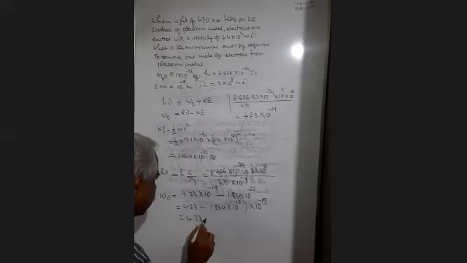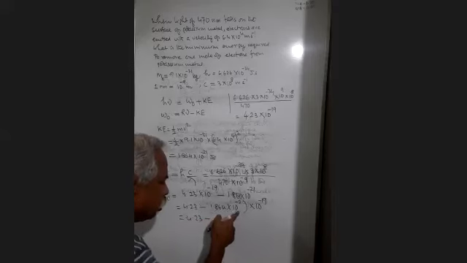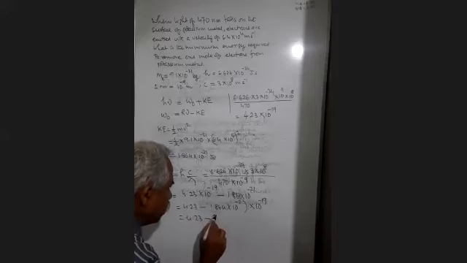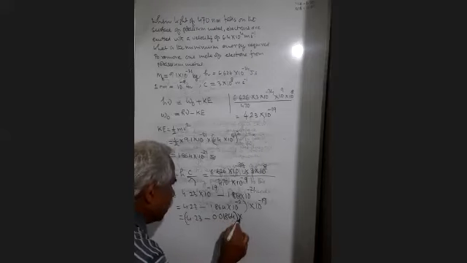Now 4.23, if I remove this one, what will I get? See, 2 decimals I will bring this side. So it is 0.01864 into 10 to the power minus 19. Subtract from this one. Now it becomes easy for you to do.